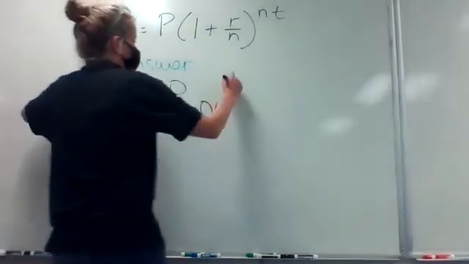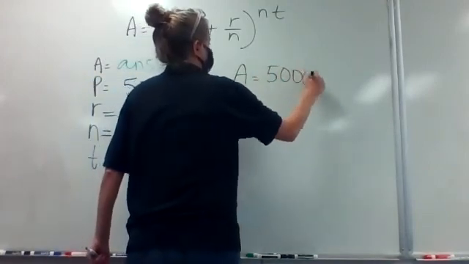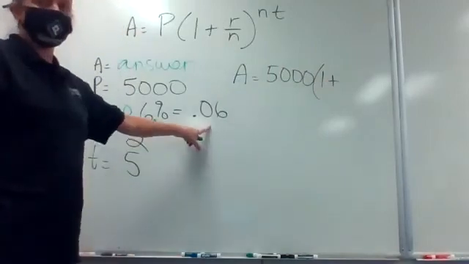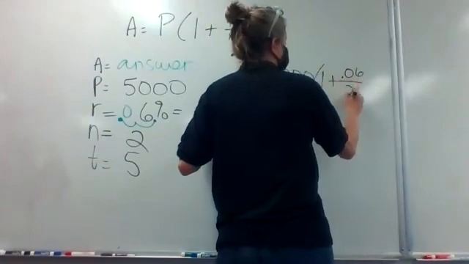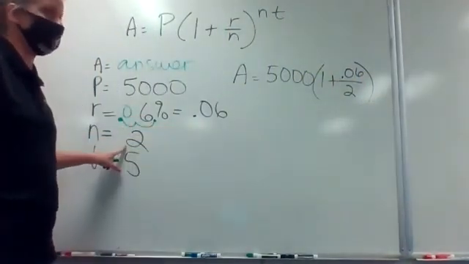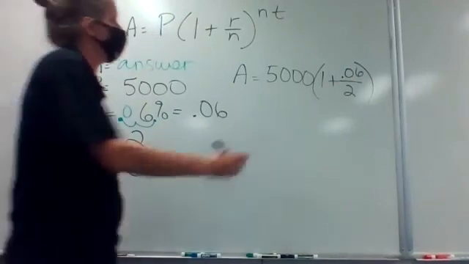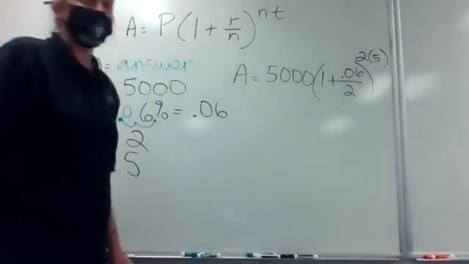So let's see. My P is 5,000. 1 plus my interest rate is 0.06 over 2 for the number of times compounded, and then the exponent is, again, 2 times the 5 for the years.